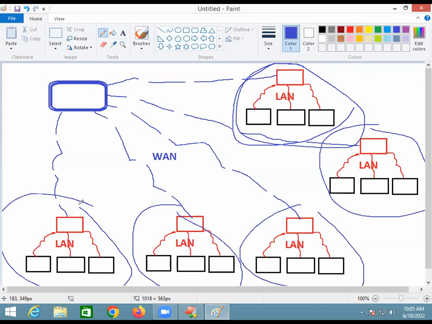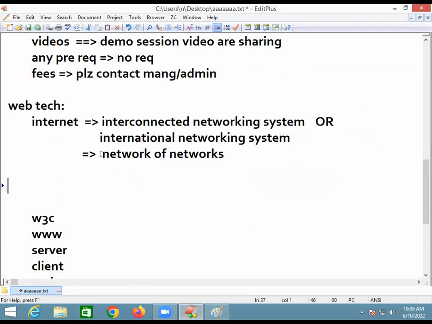So that is the 6th one. That is only giving the clue. Internally, externally, officially, unofficially, total how many? 6 available. 1 plus 5. This is the meaning of network of networks. The number of networks we are gathering and establishing into another network. That is the meaning of network of networks.